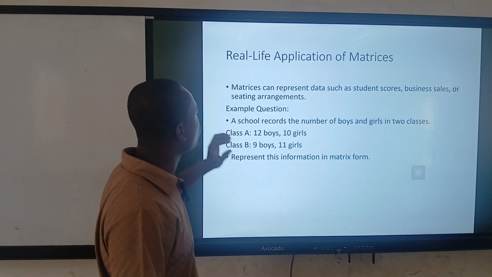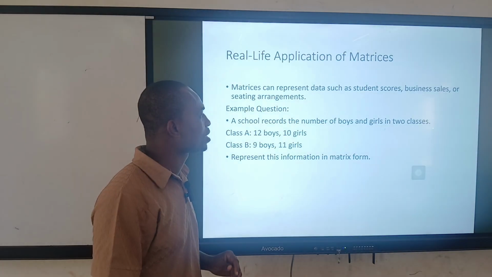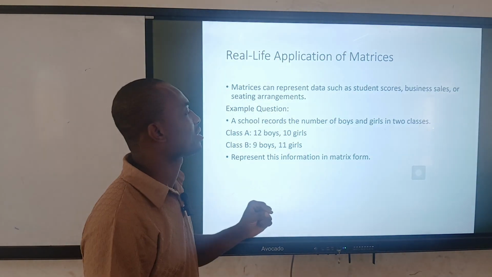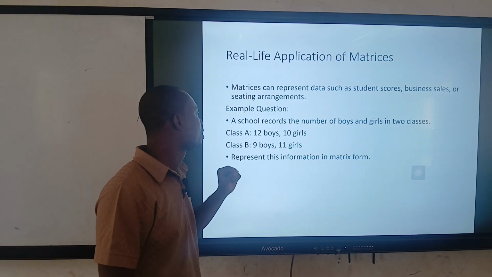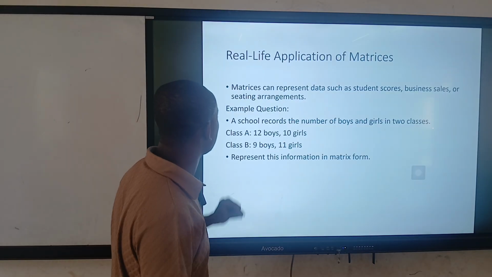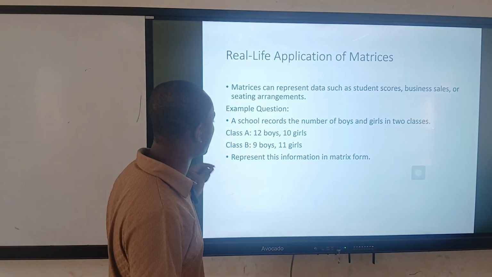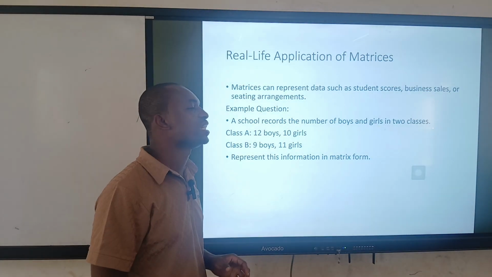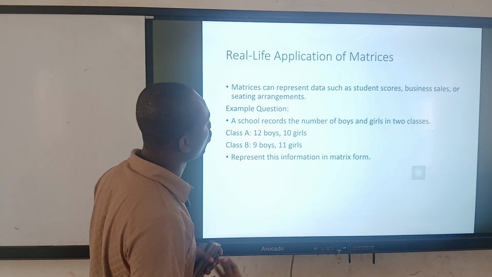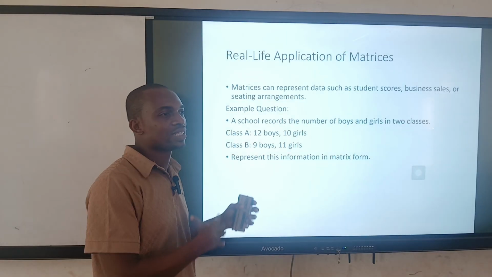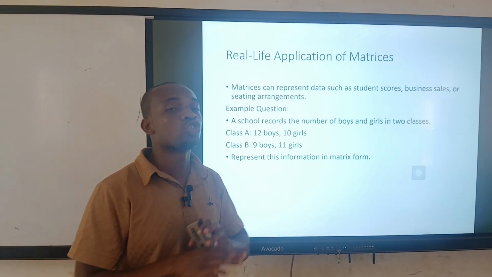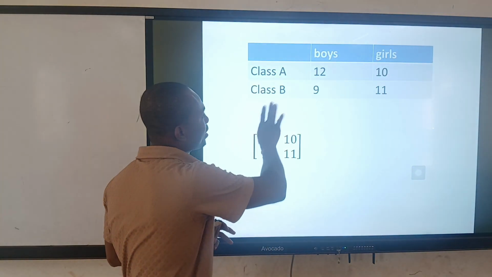So let's take this question. It says that a school records the number of boys and girls in 2 classes. Class A, 12 boys, 10 girls. Class B, 9 boys, 11 girls. Represent this information in a matrix form. If a question like this is given, the first thing you have to do is draw a table. So we have a nice table here.